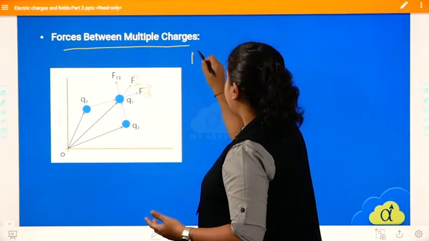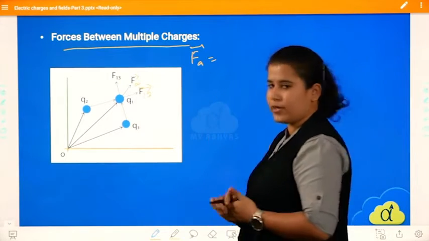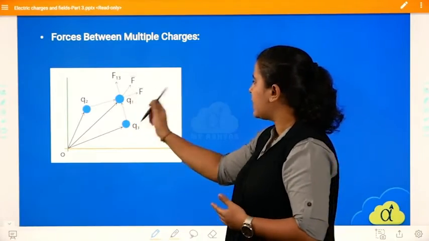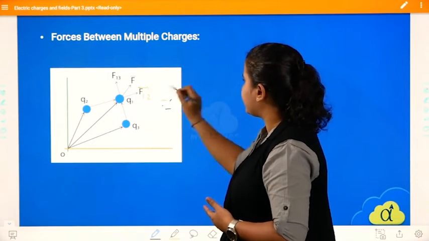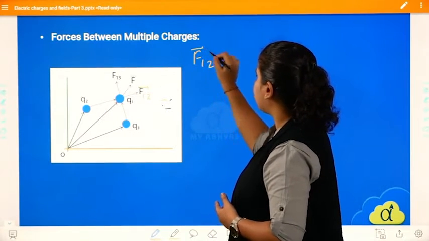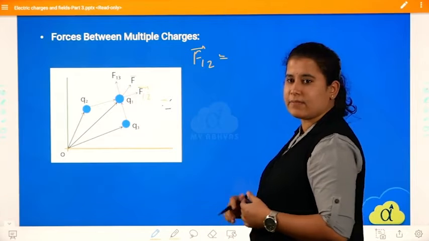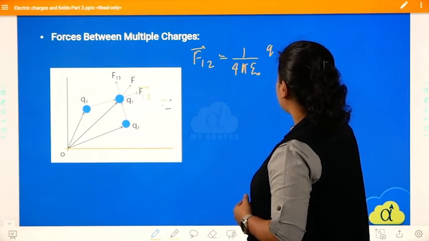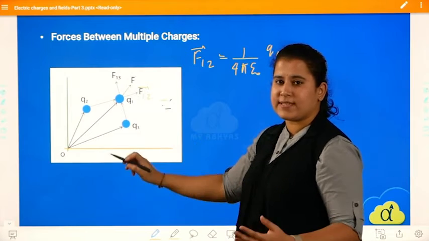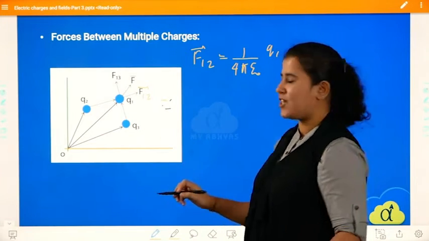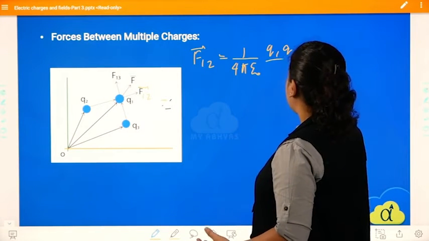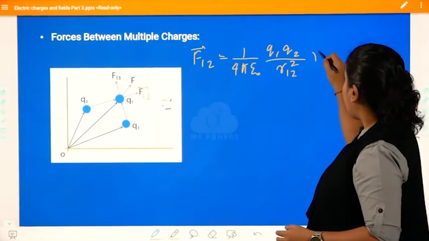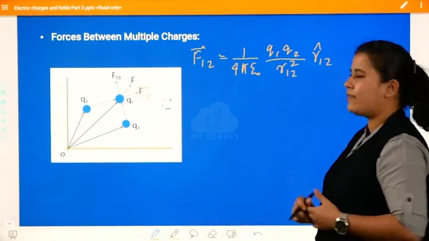So F vector is equal to, from Coulomb's law, I'll just take the first force, that is F12. F12 vector is given by 1 divided by 4 pi epsilon naught Q1, and which charge is influencing it? It is influenced by Q2 charge. So Q2 divided by R12 square, into R12 vector.